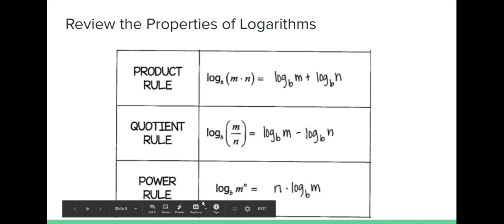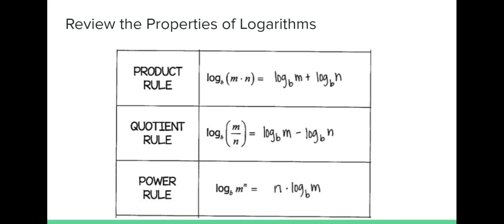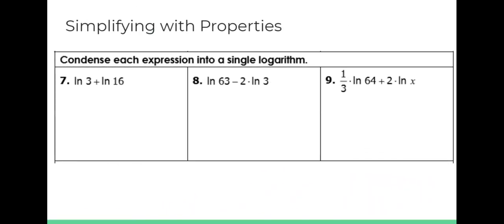And then the power rule, we have log base b of m to the n. All we do is bring that n out in front of our log and multiply it by the whole thing. I really want you guys to be very familiar with these rules. This is really going to help us out. All right, simplifying with the properties.